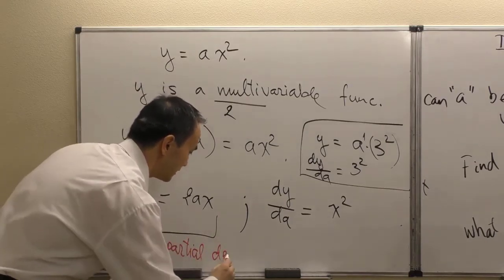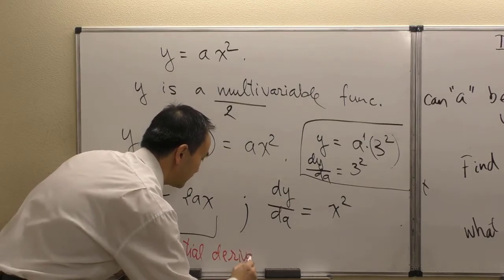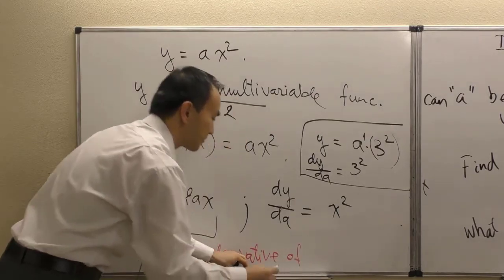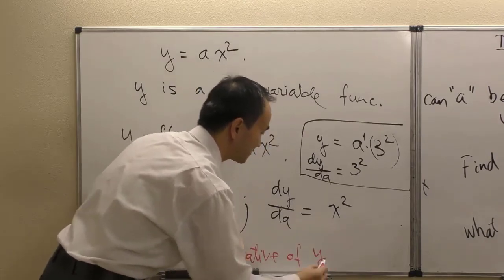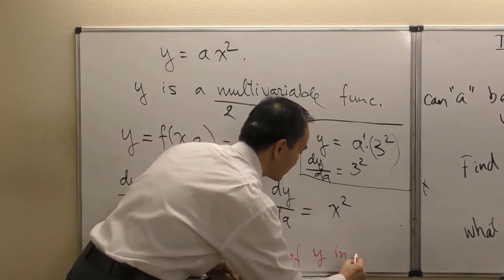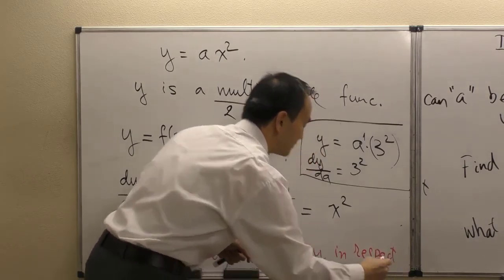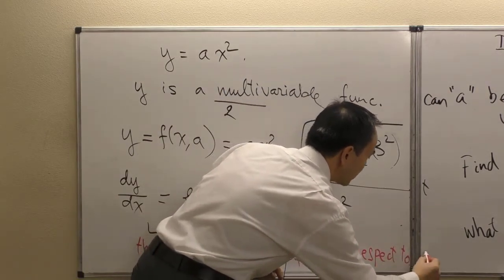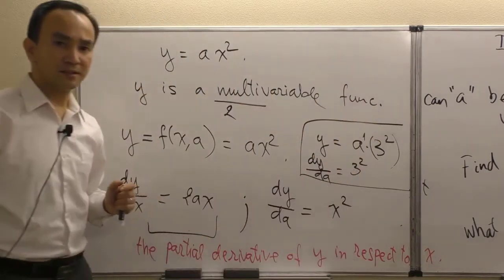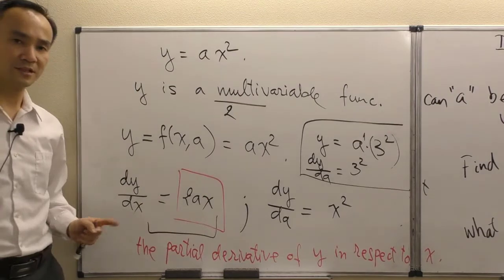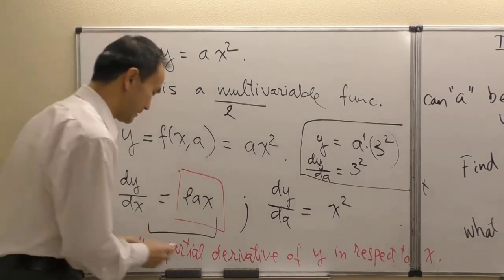Partial derivative of the function y, in respect to the x variable. This symbol right here, it's called the partial derivative.